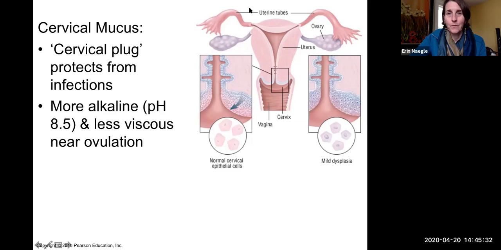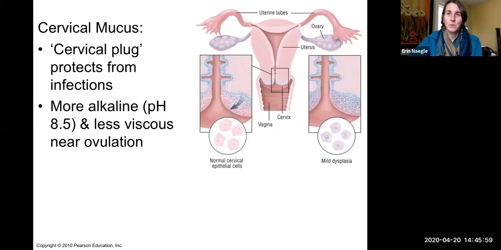When a female is starting to undergo ovulation, then the type of mucus that's being produced by those cervical mucus glands changes. It becomes more alkaline, so more of a pH of 8.5. As you saw in that animation, sperm don't survive so well in an acidic environment. The vagina has a very acidic environment because that helps protect the body from bacterial infections.